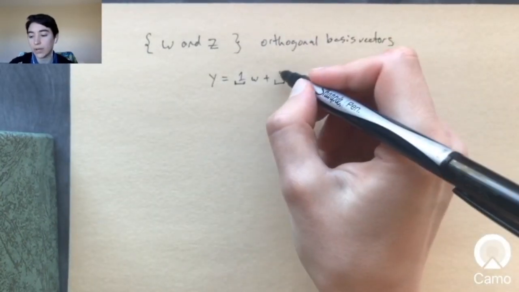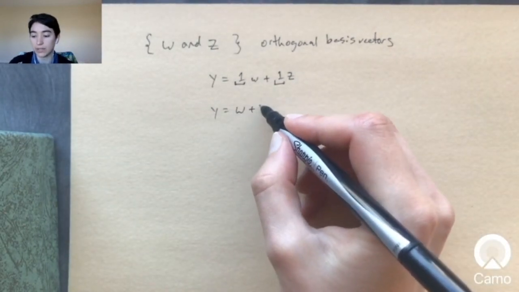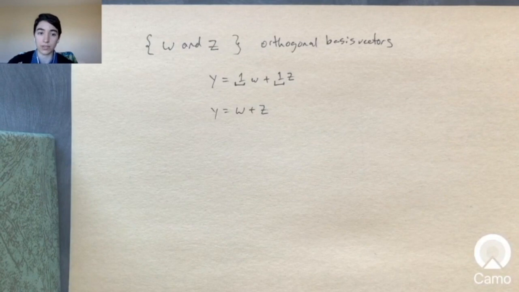So this would just be scaled by 1, which is to say we just want to be able to have two vectors that compose y.